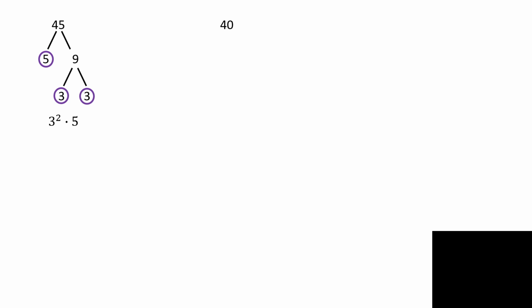Next tree, well, it's a 40. What should we start with? Want to challenge yourself and try to put something down before I do? I'm going to start with 4 times 10. If you started with 5 times 8, you'll get the exact same answer. Underneath the 4, I can do 2 times 2.